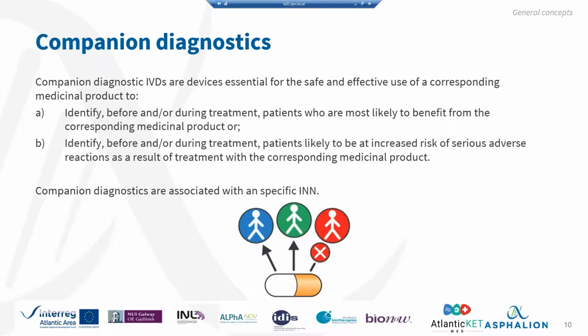So they will help the user decide if this treatment should be given to the patient. It provides information on whether the treatment is going to be beneficial or risky for the patient. Keep in mind that companion diagnostics are always associated with a specific INN, a specific molecule.